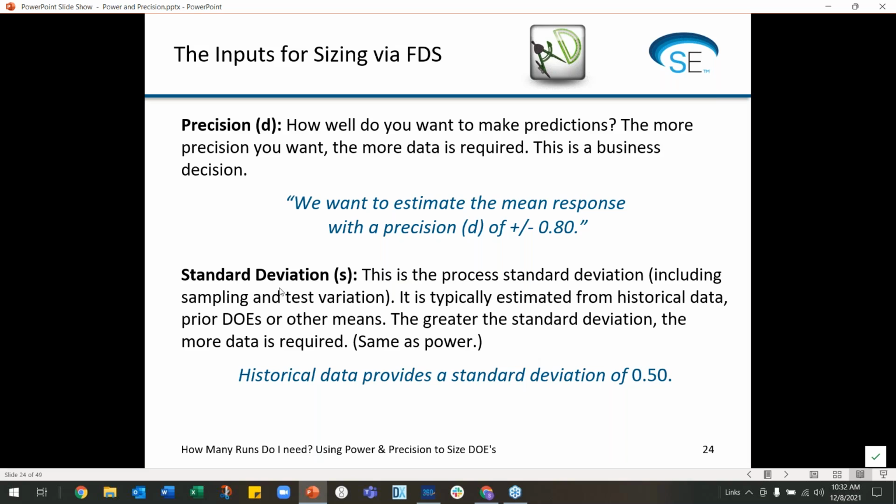Then you also have to estimate the standard deviation, just like power. It's the same number as you would use for power, typically estimated from historical data or prior experimentation or other means. The larger the standard deviation, the more data is required. So, you might say historical data provides a standard deviation of 0.5.